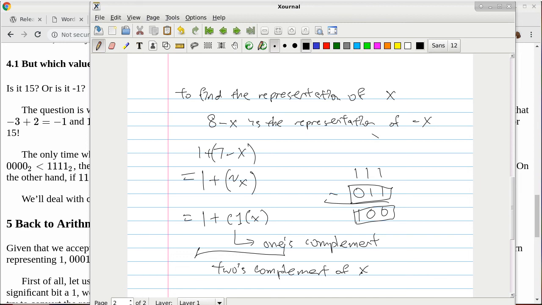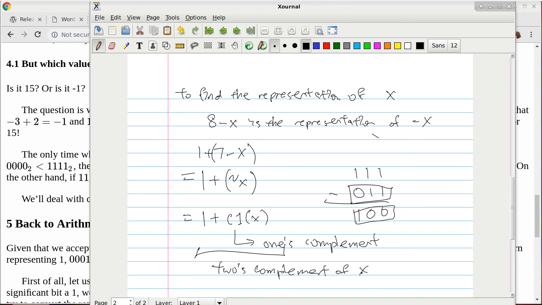So in normal math, in all of your other classes, you use this notation, but in assembly language programming and computer architecture, we boil it down to 1 plus the 1's complement of x. Do we know how to do this operation in logic gates? Well, okay, let's focus on one thing at a time.